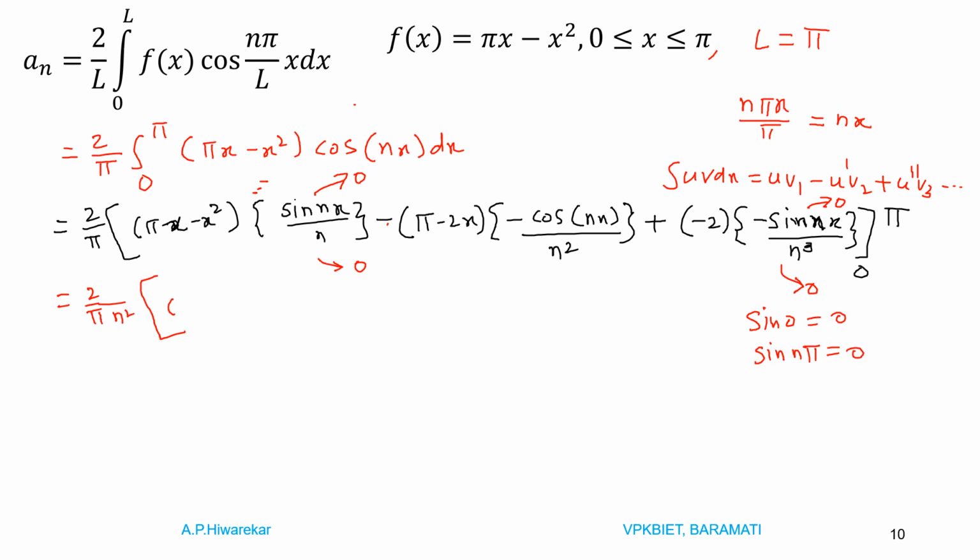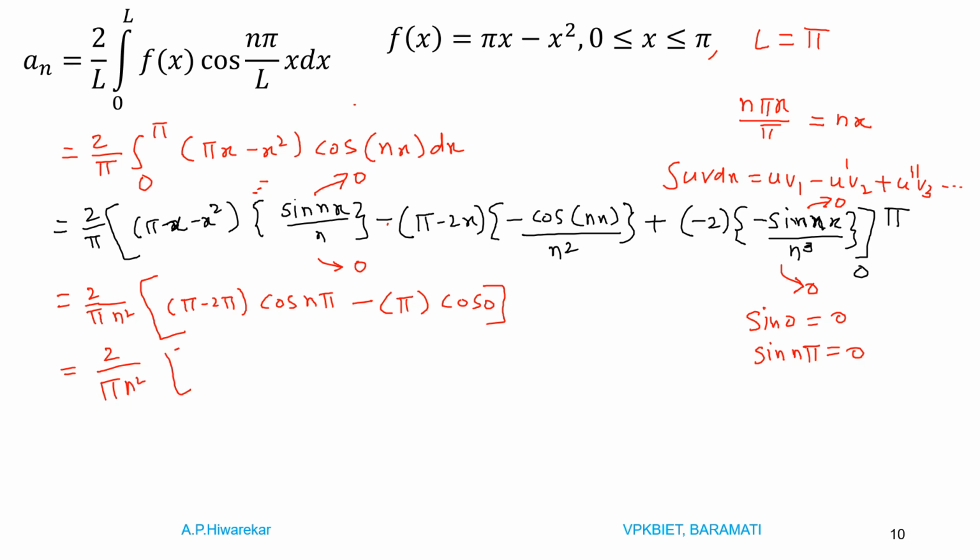So for the upper limit it is pi minus 2 pi into cos of n pi, minus apply x as 0. So it is pi minus 0, which is pi, into cos 0. Okay. So this will be 2 by pi into n square.